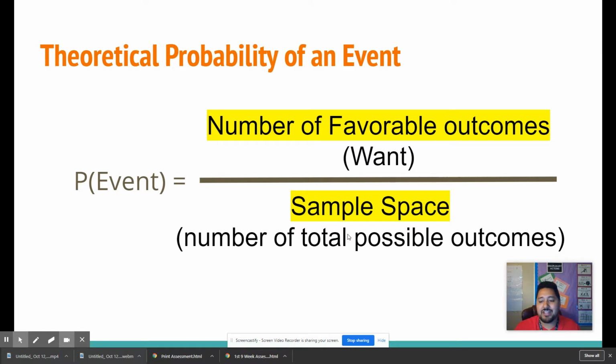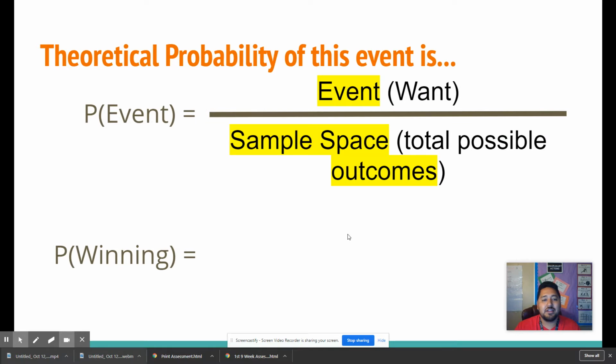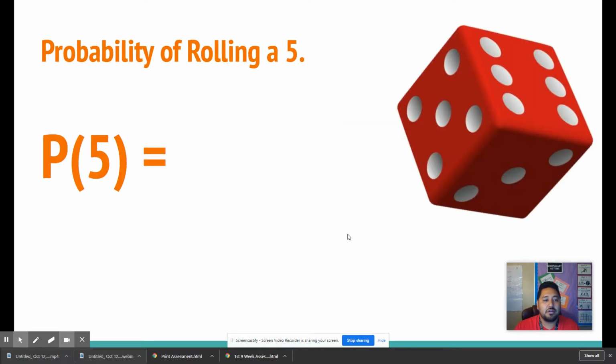So let's look at this in a sense of a die. Let's say we're rolling a 5. All right, we want to roll a 5. Well, what are the total possible outcomes? In the denominator, it would be the total possible outcomes.